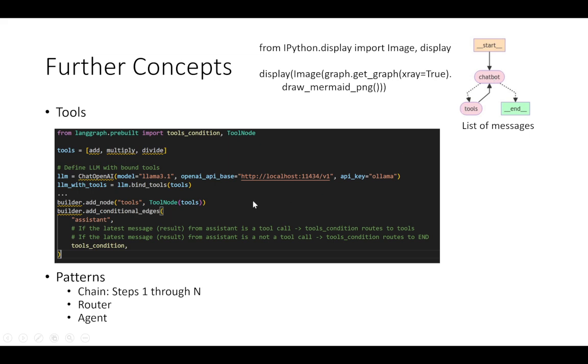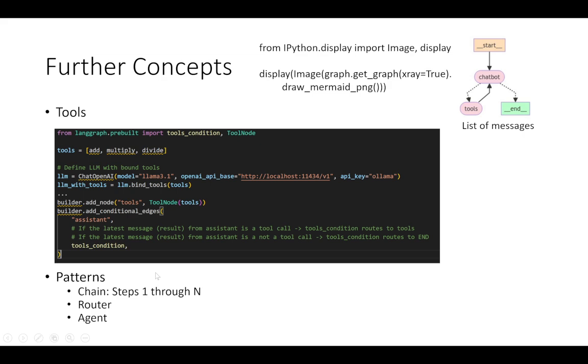Now it uses the tools condition, which is also predefined in the pre-built LangGraph. So now whenever the LLM identifies that there is a tool call, it will call our tool node, which is basically having these mathematical tools.